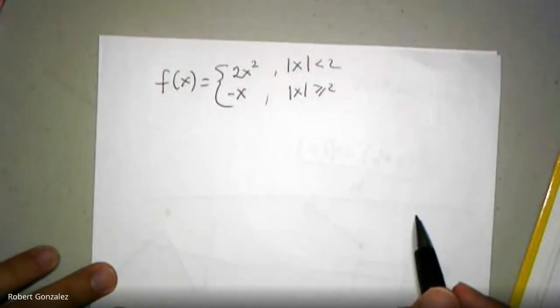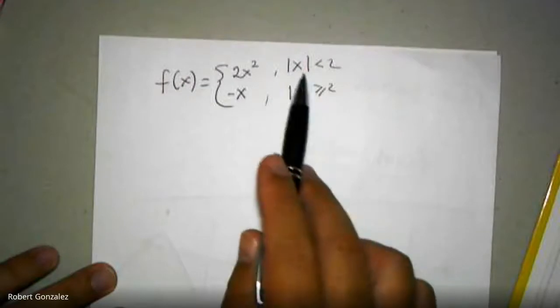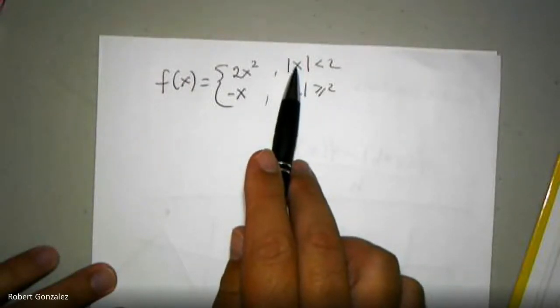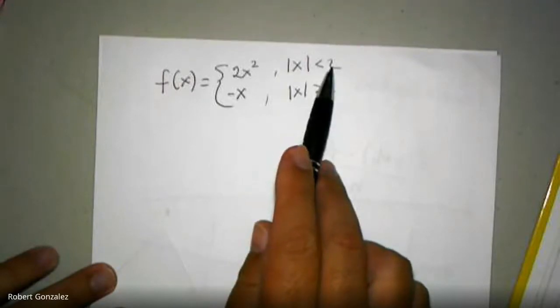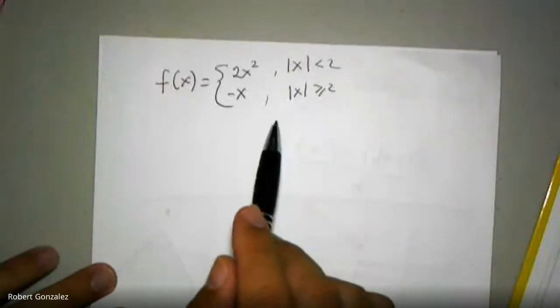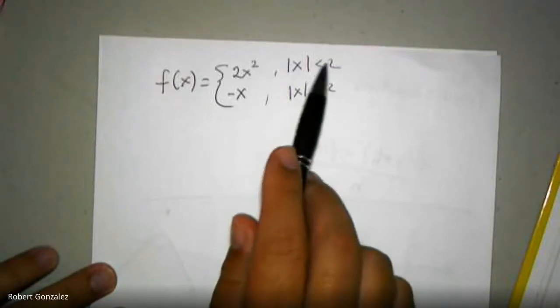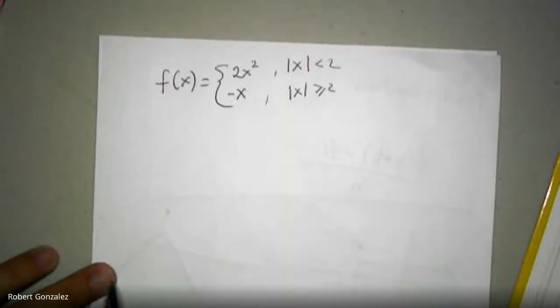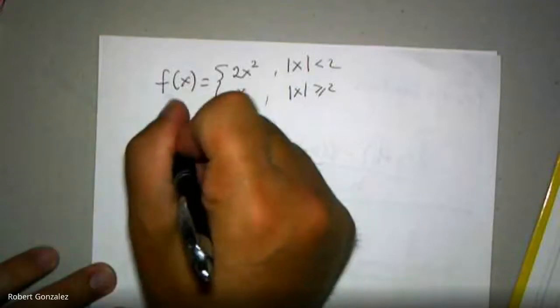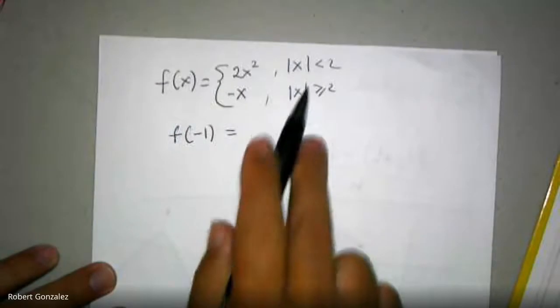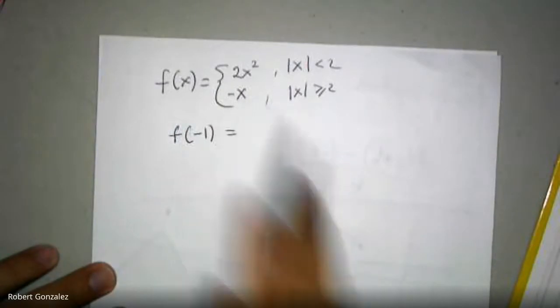Every single number works in this function. It makes sense because this is the distance from 0, right? Your distance from 0 can either be less than 2 or greater than or equal to 2. Every single number has a distance from 0 that's either less than 2 or greater than or equal to 2. So let's try one now. F of negative 1. Decide which category it falls in, and then plug it in.